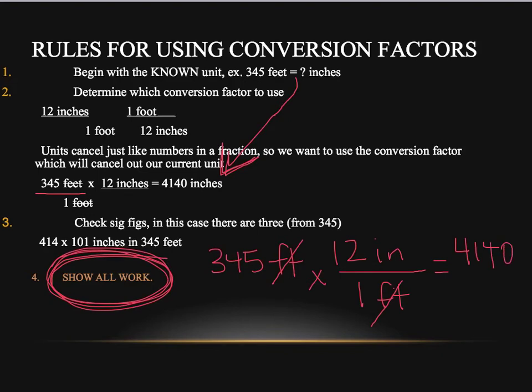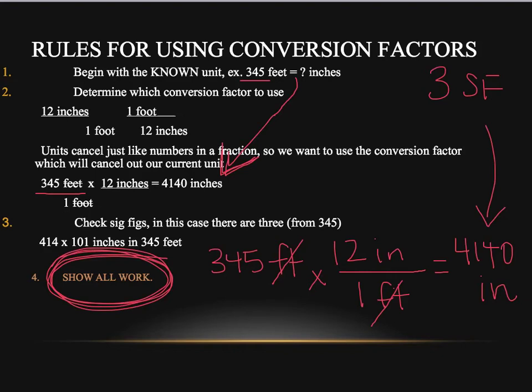And now because our unit of feet has been eliminated, we're now in inches. And we have to look back at our initial measurement, 345. So there were 3 sig figs, which means our final answer needs to have 3 sig figs, which in this case it does, because our trailing 0 is not significant.